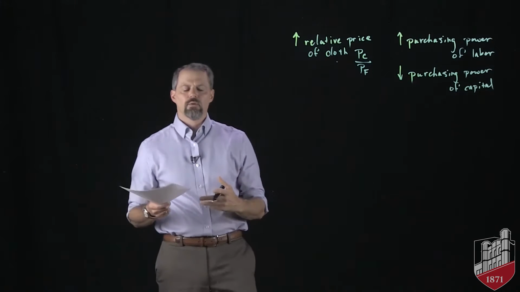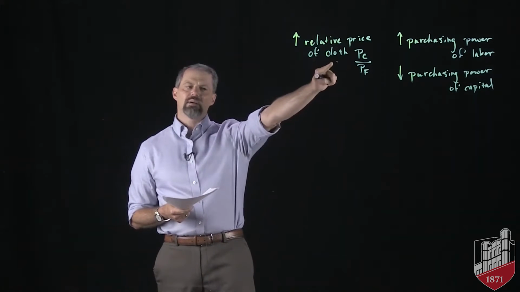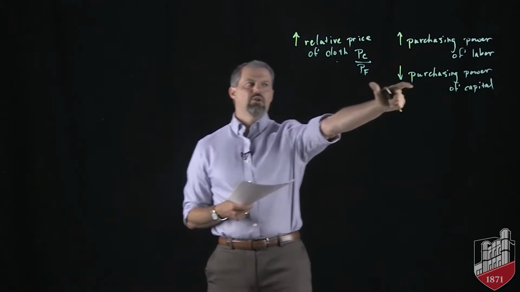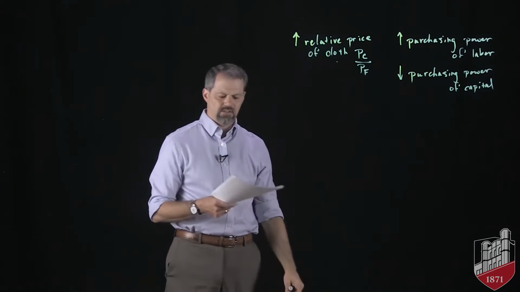So in home, when trade is opened up, it's going to change the output prices. It's going to drive the relative price of cloth up. Workers are going to be happy about that. Capital owners are not going to be happy about that. Capital owners would oppose free trade in this particular situation.